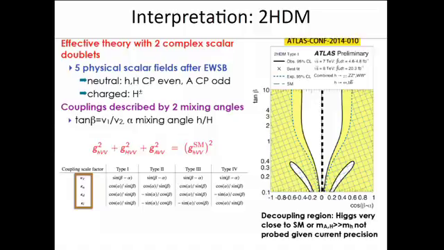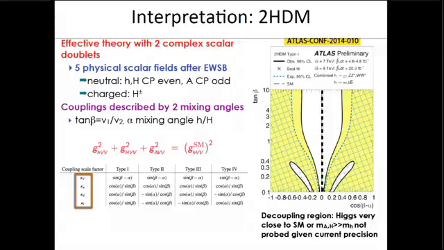Okay, so all these measurements can be used in interpretation of beyond the standard model models. For example, if you take the 2 Higgs doublet models, where you have basically the Higgs plus this extra heavier Higgs, the axial Higgs, and the charged Higgs.